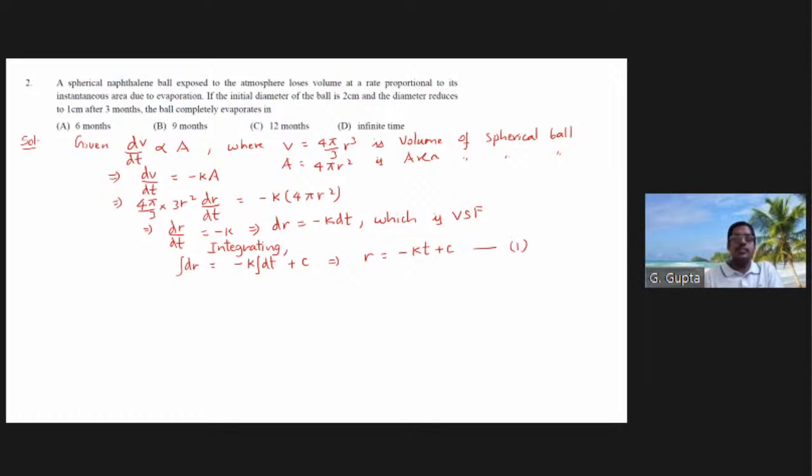Instantaneous area means the initial diameter of the ball. The ball at the initial stage has a diameter of 2 centimeters. So given r is equal to 1, r is nothing but d by 2, d is nothing but diameter. Initially, that is when time t is equal to 0, and it is reducing, the diameter reduces to 1 centimeter after 3 months.